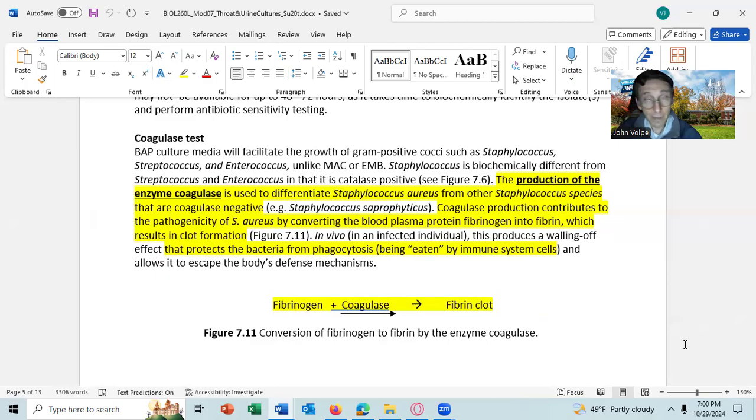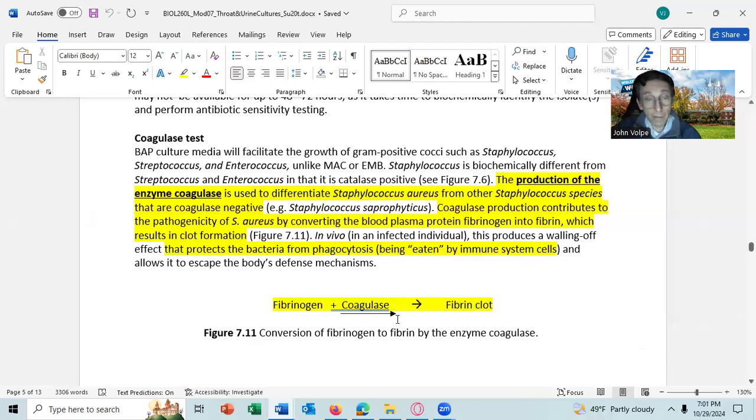Coagulase production actually contributes to the pathogenicity of Staphylococcus aureus because it causes the blood plasma to cause a blood clot. And this can protect the bacteria when they're low in number from phagocytosis by the immune system cells, meaning a white blood cell will have a harder time eating a bacteria in a clot than it would a bacteria outside of a clot.